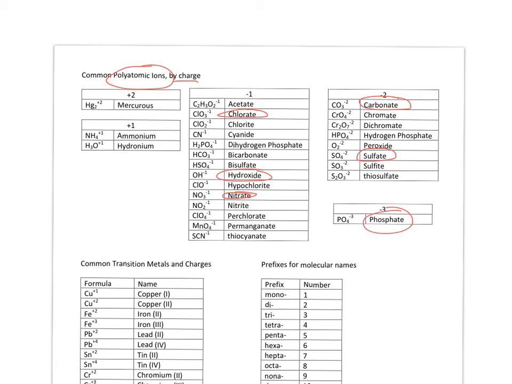Hydroxide is really popular. When you see a combination, notice how there are 2 or 3 capital letters. That's how you know it's a little molecule. Remember, when it's 1 capital letter, it's just an individual atom, and when it's 2 capital letters, those are bonded together. We'll learn more about those bonds and what holds them together later on, but these are some of those polyatomic ions.